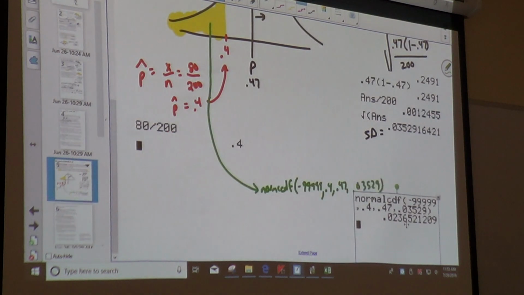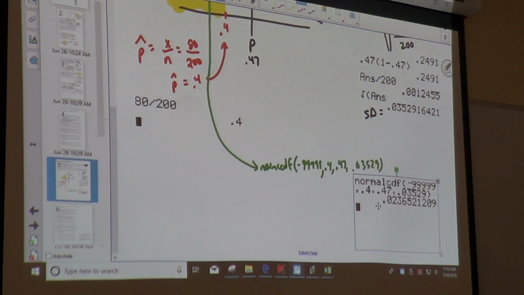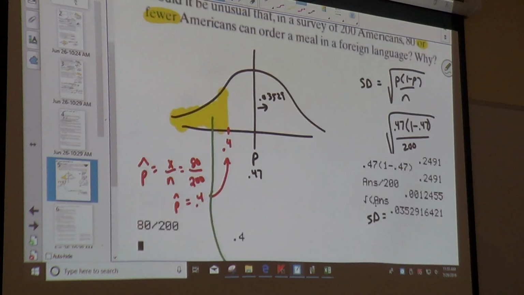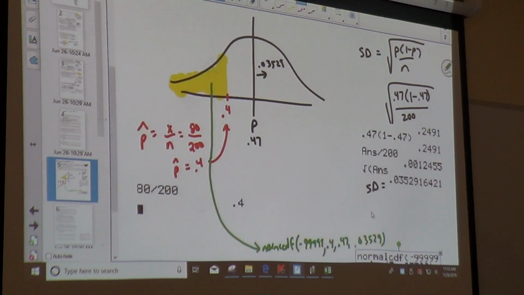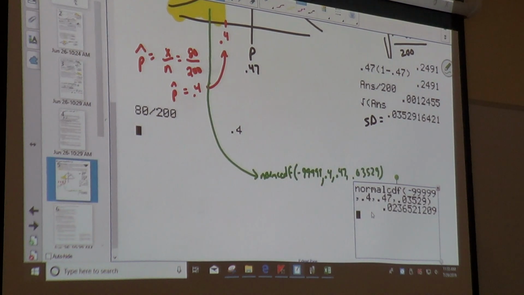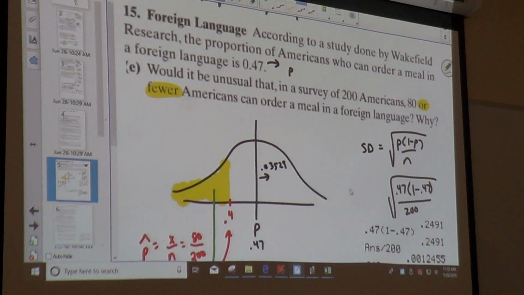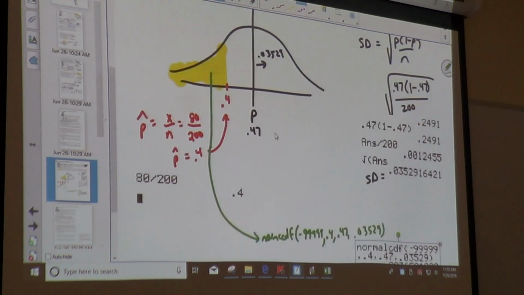And then the last thing, what does it say on the test? On the test, what number are we on? 25. On the test, it says calculate the probability. So that's all we're going to need. On this, it says calculate it and tell me if it's unusual. Is it unusual?